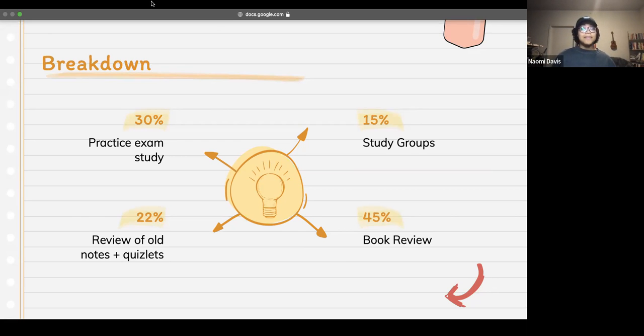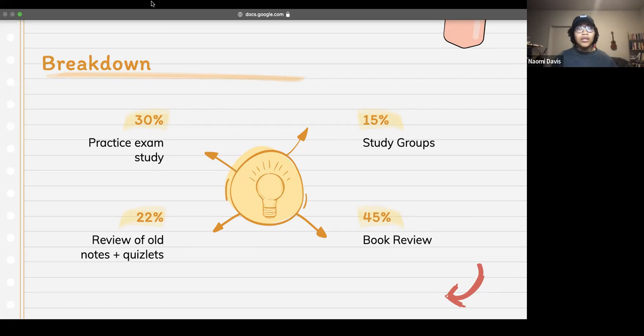So it's not necessarily about using all of the resources the same amount of time. It's not about, oh, I'm going to read this book and that's going to help me pass this exam. It's about finding a balance of multiple approaches and multiple resources that work for you.